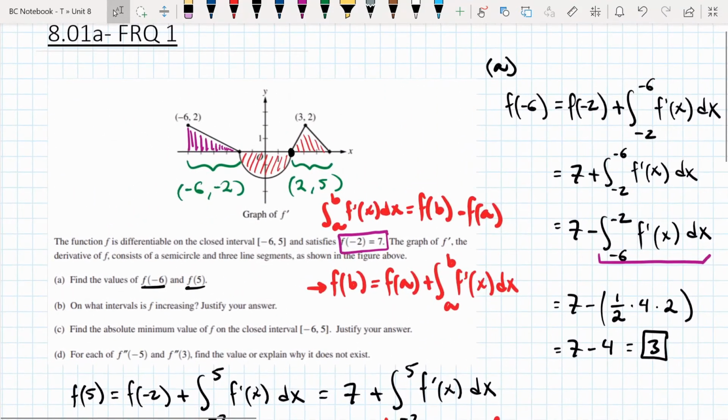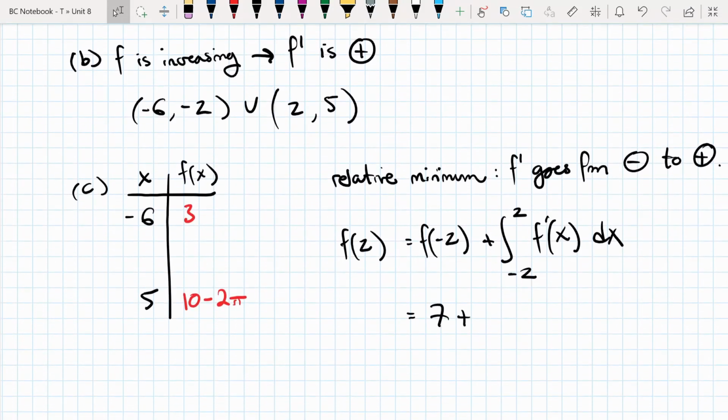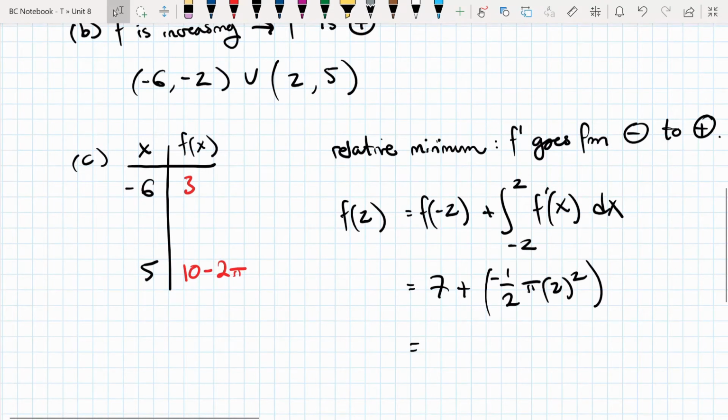The area under the curve from -2 to 2 is going to be the area of that semicircle here. It's going to be a negative value. So it's plus negative 1/2 pi times 2 squared. And so the value of the function at 2 is going to be 7 minus 2 pi.